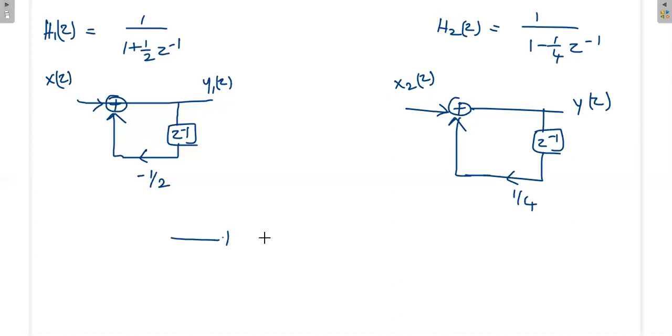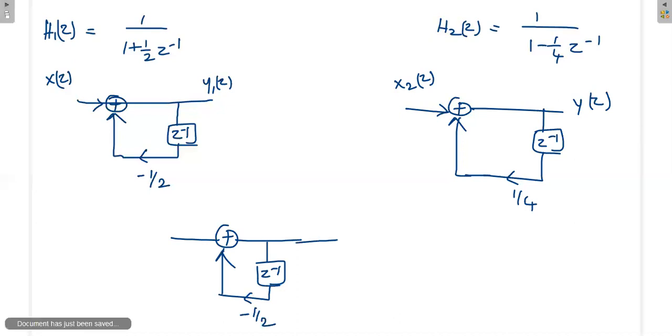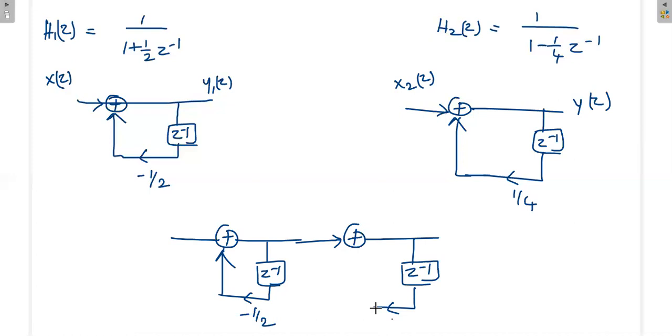Finally, this is the cascade form realization of the given system. If you are not comfortable with this, you can apply the direct form one structure separately here also, then you'll get this diagram only, then again you can combine them together.